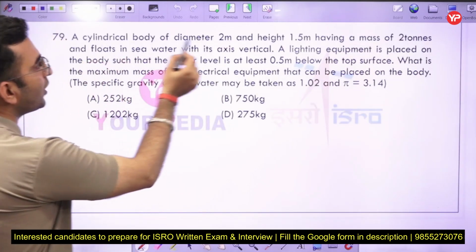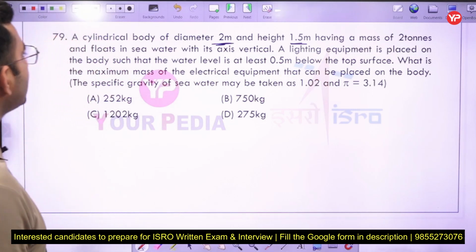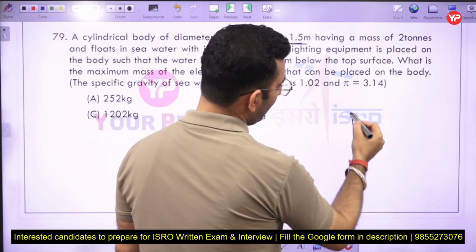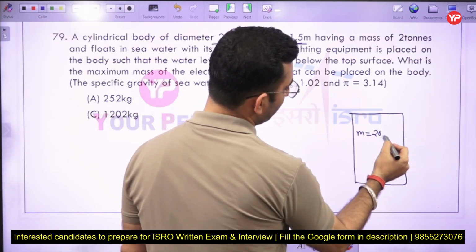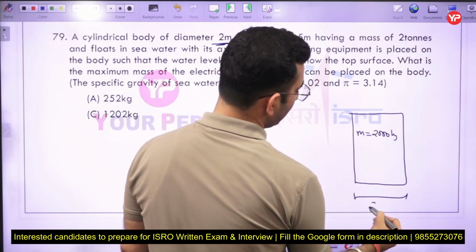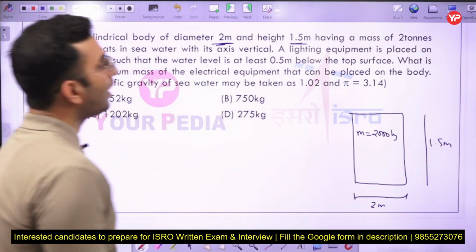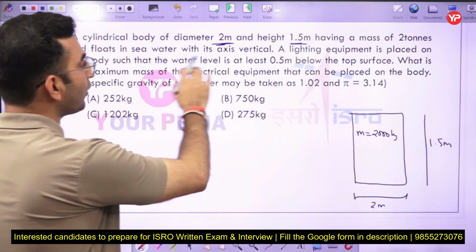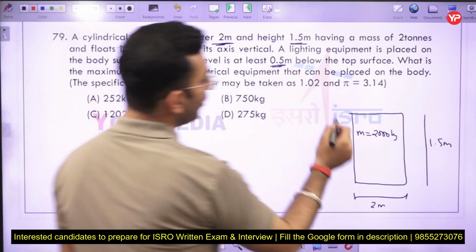A cylindrical body of diameter 2 meter and height 1.5 meter, having a mass of 2 tons, floats in sea water with its axis vertical. So here we have a body with a mass of 2 ton, a diameter of 2 meter and a length of 1.5 meter. A lighting equipment is placed on the body such that the water level is at least 0.5 meter below its free surface.